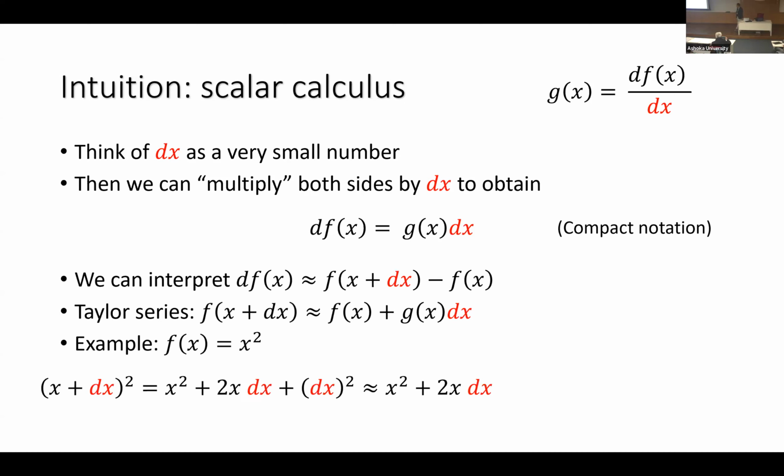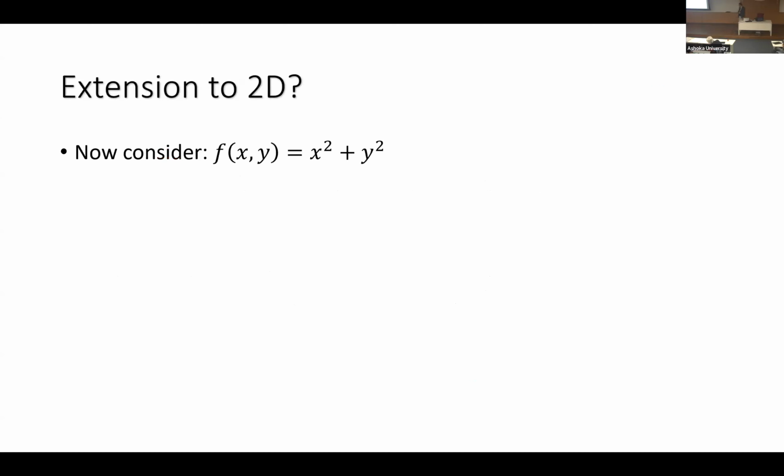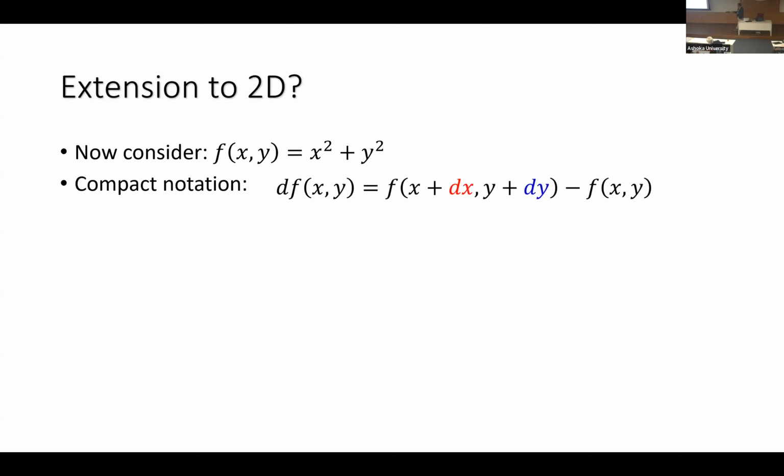So for example, if you have x square, then (x plus dx) square would be something like this, ignoring dx square. Okay. Now same intuition you can apply to 2D case. So in 2D case, you would have x square plus y square. And in compact notation, you would write df of (x, y) as this, f of (x plus dx, y plus dy) minus f of (x, y).